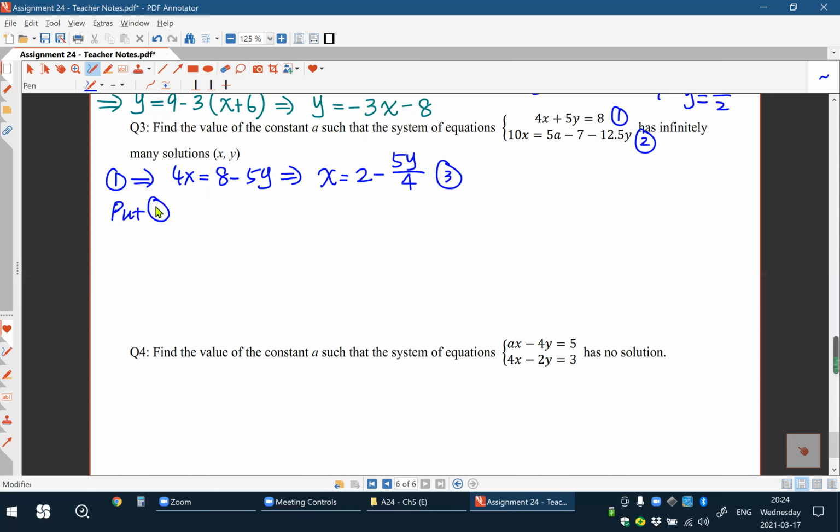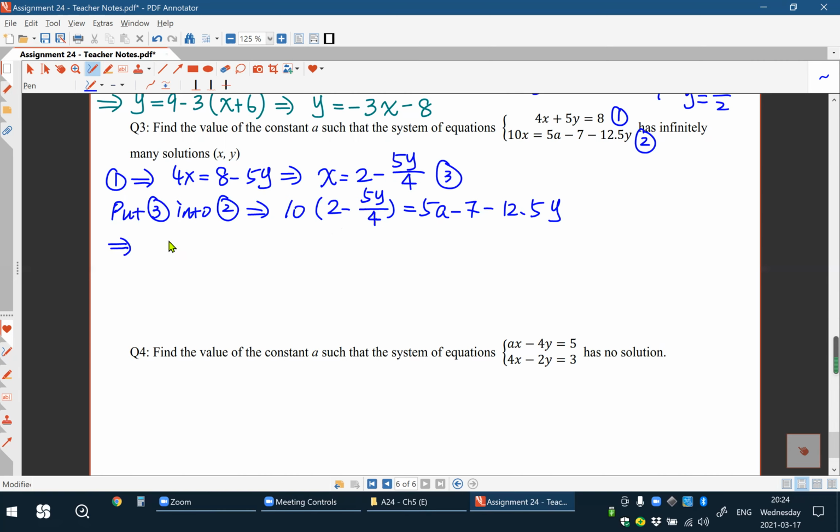Then we can put it into number 2. In this way, you will get 10 times (8 minus 5y) over 4 equals 5a minus 7 minus 12.5y. Okay, and then from here you can solve y.